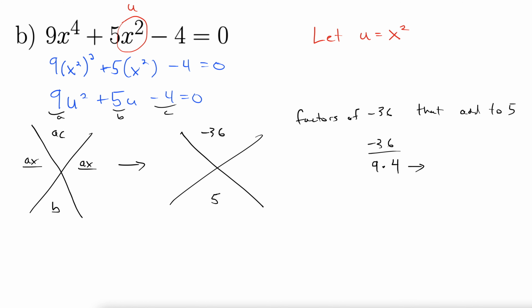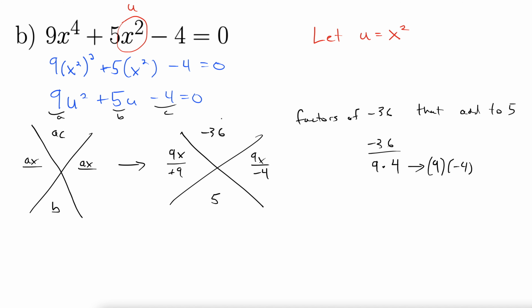This is positive 5, so we need the bigger number to be positive, so I'm going to say that this is going to be 9 times negative 4 to make our 36. Okay, and then AX goes here, so this would be 9x and 9x. All right, and then we have plus 9 and minus 4.